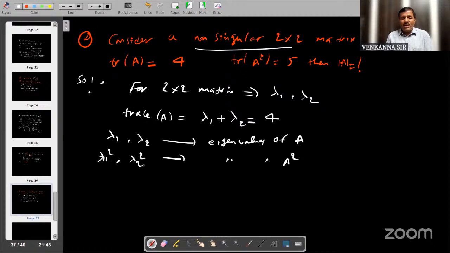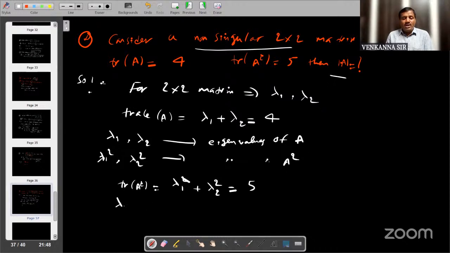Then the trace of A square is lambda 1 square plus lambda 2 square, which is 5. These two are given: lambda 1 plus lambda 2 is 4, and lambda 1 square plus lambda 2 square is 5. From these two we have to calculate the determinant of A.